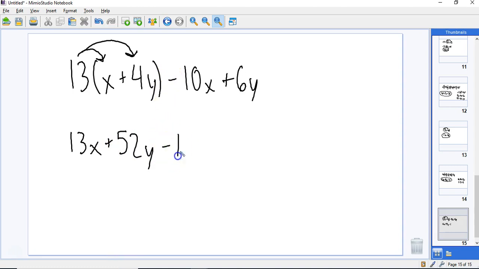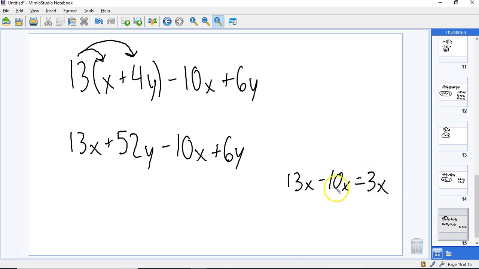Then we just write out the rest of our problem. Now we're just combining like terms. X's, I've got 13x minus 10x. 13 minus 10, I've got 3x. So I write down my 3x. 52y plus 6y.